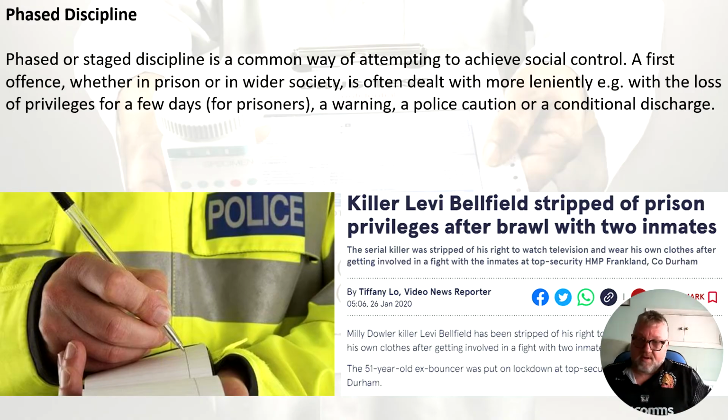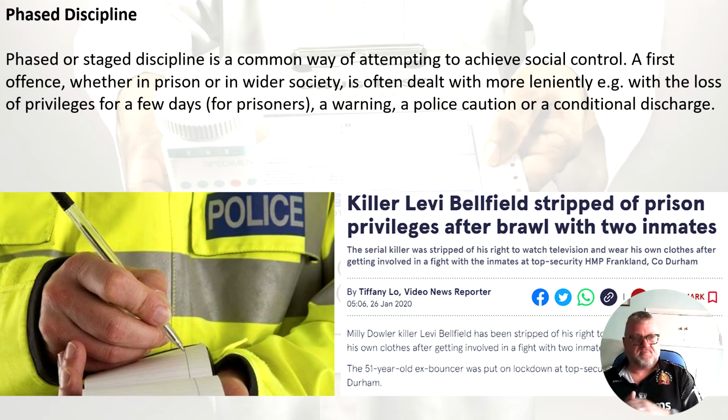Now, a lot of punishments given by institutions involve what's called phased discipline or stage discipline. And it's a really common method used by institutions to achieve social control. So usually a first offence, whether in prison or in the wider society, is often dealt with more leniently.